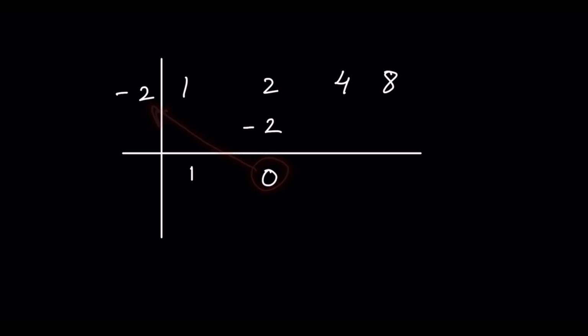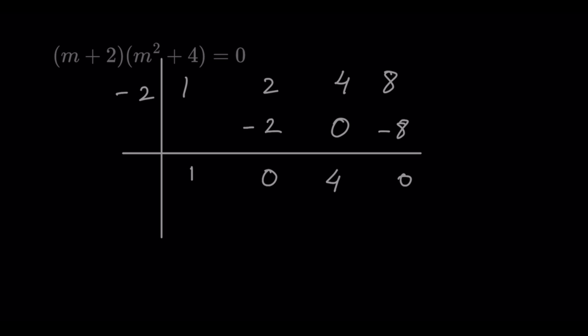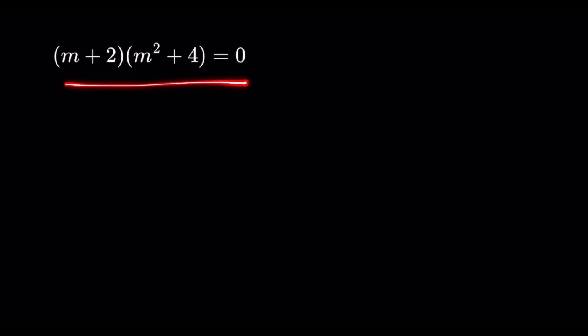Now repeating the same process. This is the remainder, which is equal to 0. And these are the coefficients of the quadratic equation we are going to be left with. So let's rewrite it. Now, we are going to solve this and find the roots of this equation.